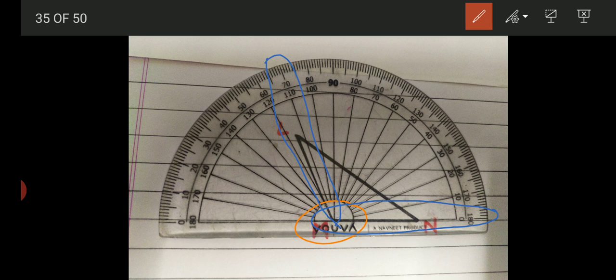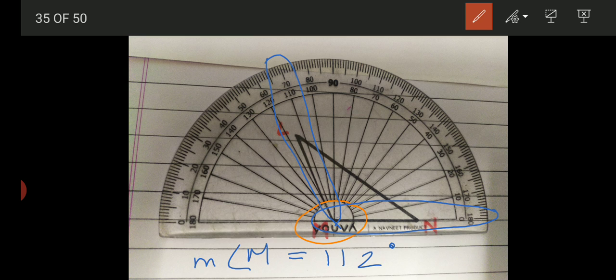With very minute observation of the small lines, you will notice that the measure of angle M is exactly 112 degree.